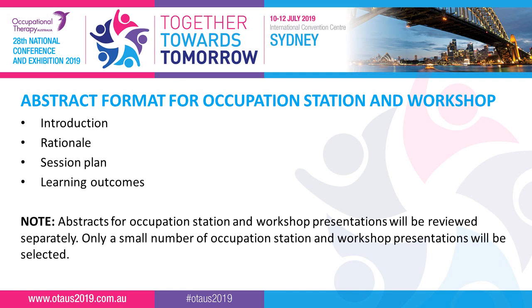Abstracts submitted in these categories won't be considered for other categories. So when you're considering submitting an abstract around this, I definitely encourage you to do it, but do be mindful that if you're not selected for an occupation station or a workshop, then that abstract won't be considered for an oral presentation or a poster.